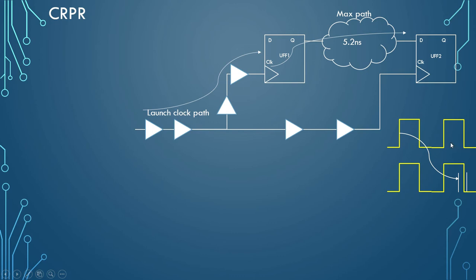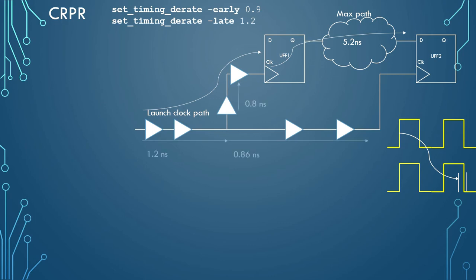Now let us assume that we have added these derates of 10% in the early path and 20% in the late path. We have seen that already in the previous video, the link of which is given in the description below. Here we are just doing a quick revision with different derate values. Let us assume these are the values of the launch clock path, capture path and this data path.